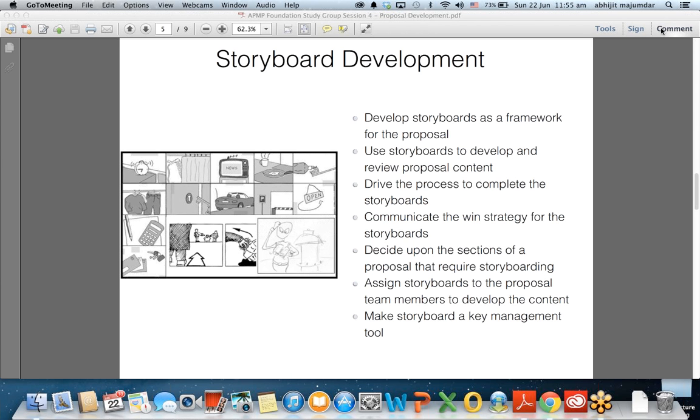So it makes it very easy for you to integrate the content of the proposal, and easy for the evaluator to read through and assess it. So that's all about proposal storyboard development.